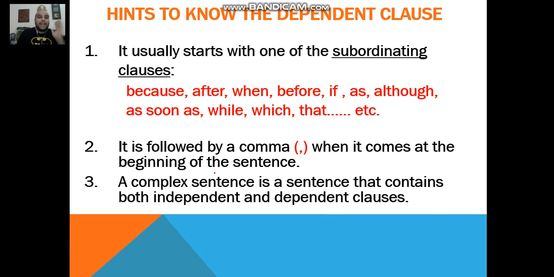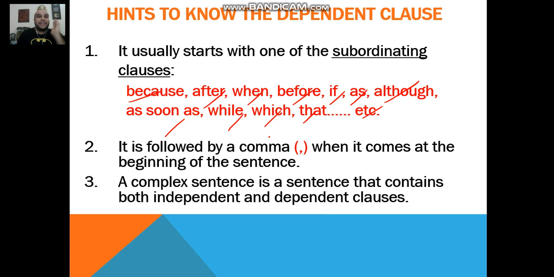Now, I gave you some hints. We call the dependent clause a subordinate clause too, because whenever we have a subordinating word, which is, for example, because, after, when, before, if, as, although, as soon as, while, which, that, etc. But I want you to learn those ones.